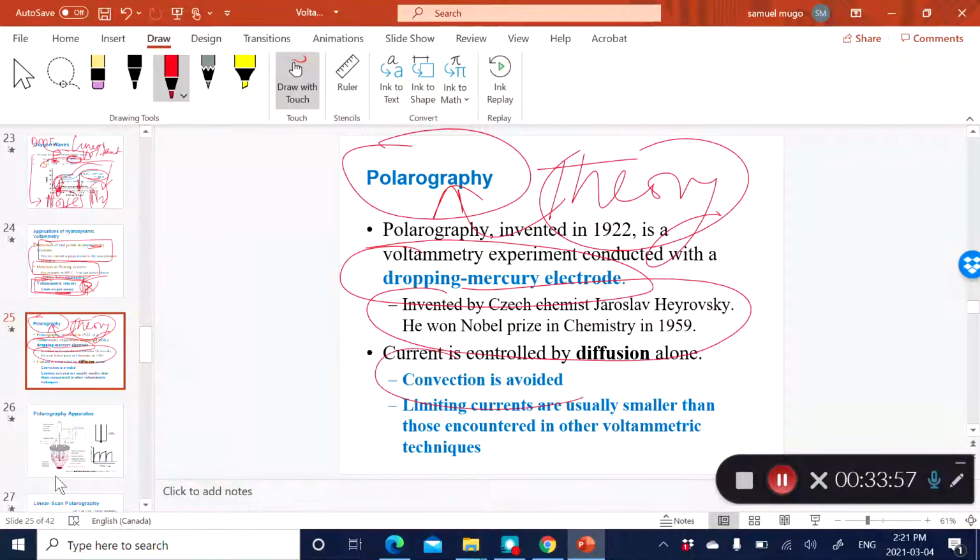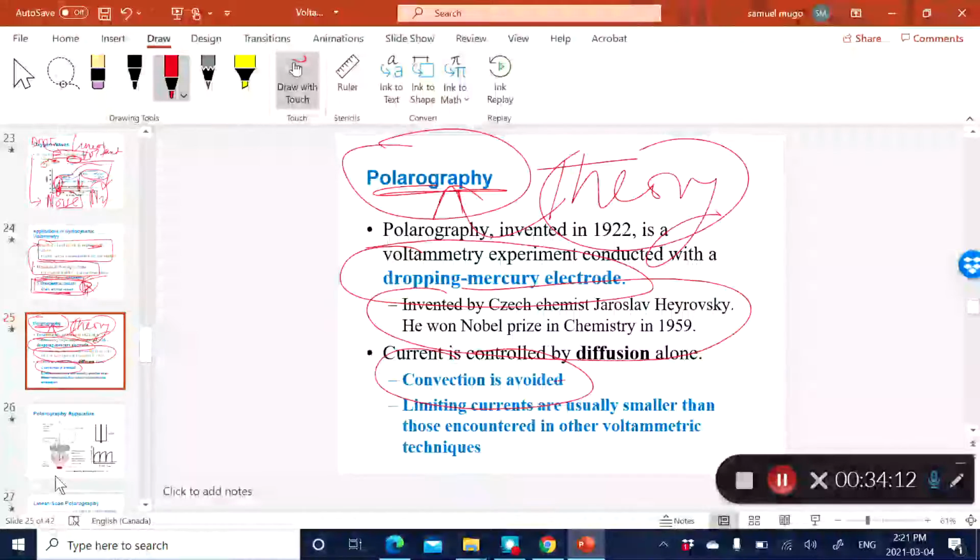So in this case, you limit convection. You do not do convection at all when you're doing polarography. And the reason for that is that the dropping mercury is going to be very unstable if there is any mixing or any turbulence happening inside the sample solution. So in photometry in general, other than hydrodynamic photometry, we do not do any mixing at all.